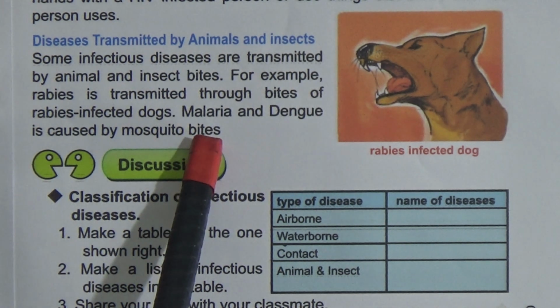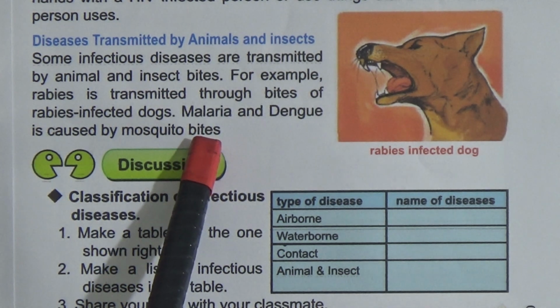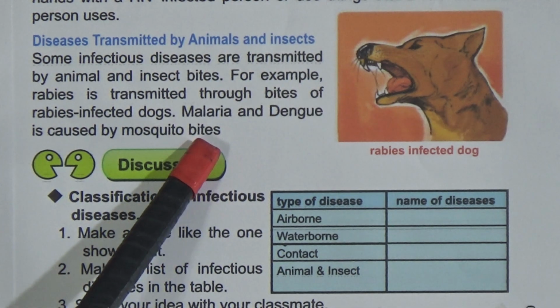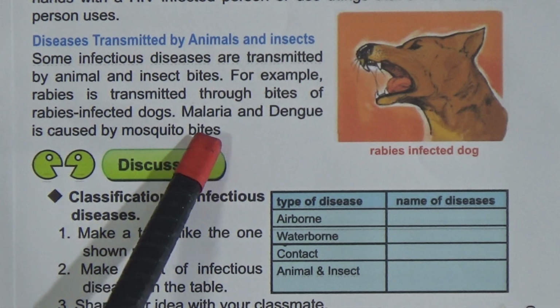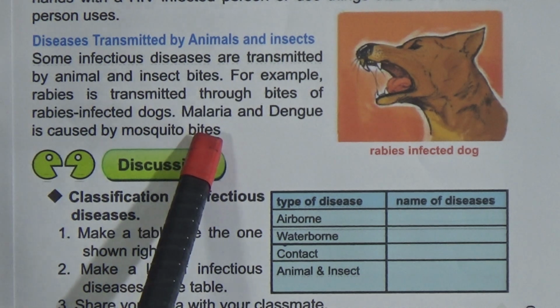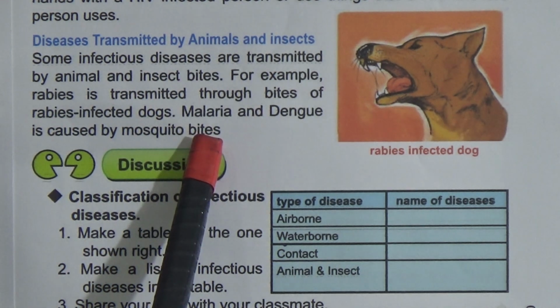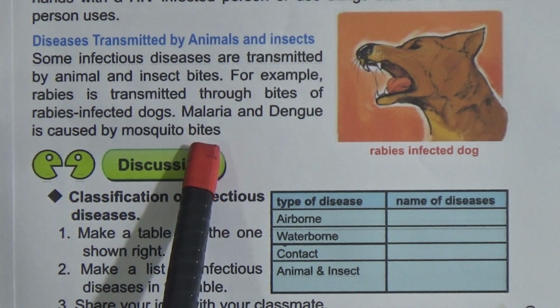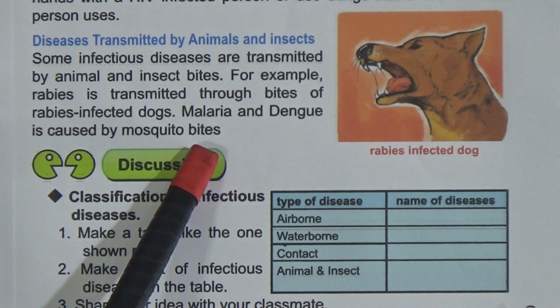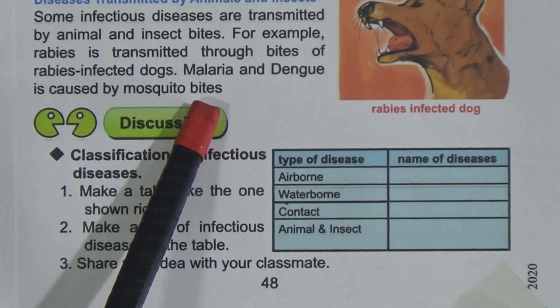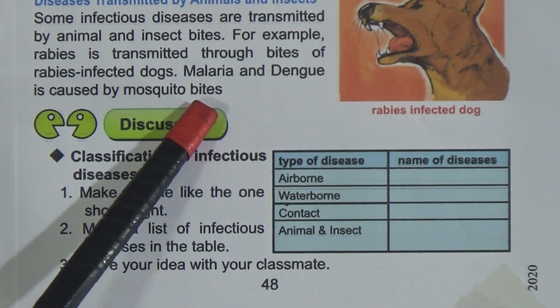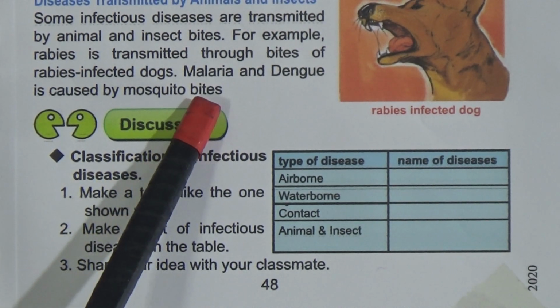Dear students, this chapter is very important because we are going through the pandemic situation of COVID-19, and COVID-19 is also an infectious disease. From here we will learn how we get infected by infectious diseases.